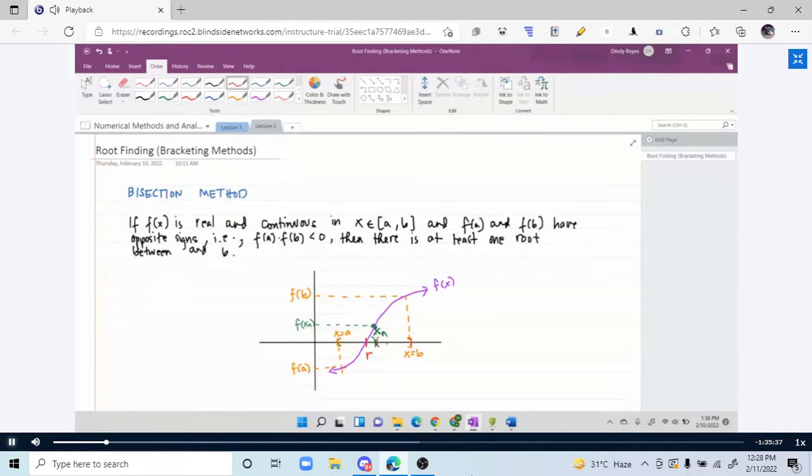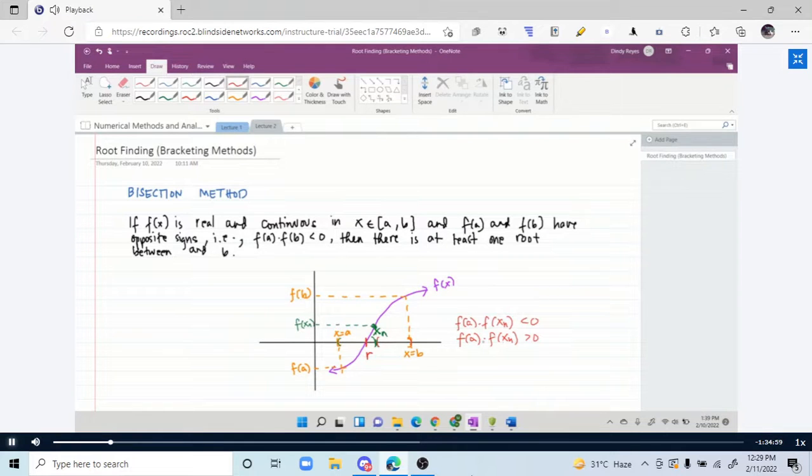Now, to know whether the root r is contained in either of the two new intervals, you will be applying the same concept here. So it's either f of a times f of x sub n is less than 0, or f of a times f of x sub n is greater than 0. If the first case happens, then we are assured that the root is contained from a to x sub n.